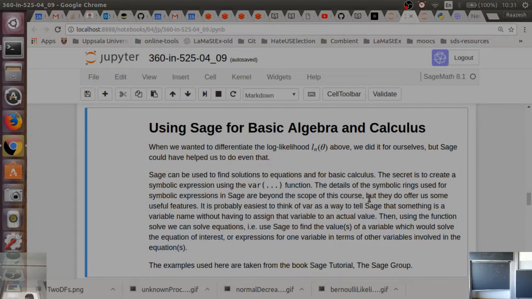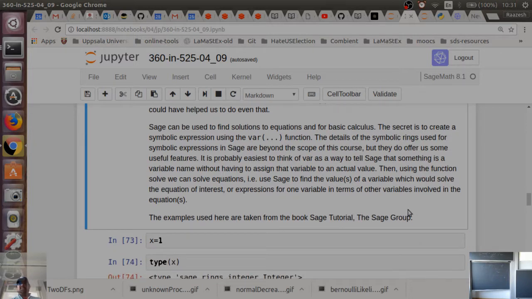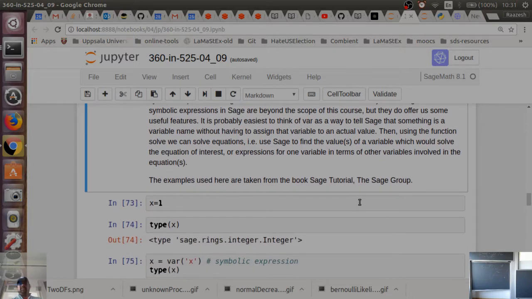Okay, so let's continue. Sorry, I had a brain fart, but the second derivative of the log likelihood function, where the slope equals 0, should be negative. So anyway, we use var as our main type to start doing symbolic expressions.